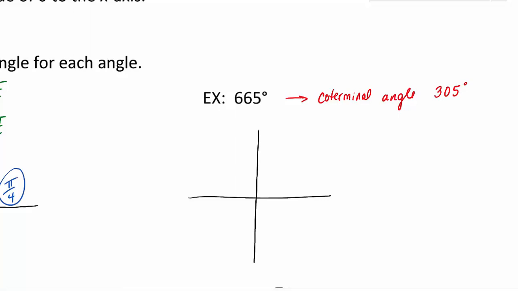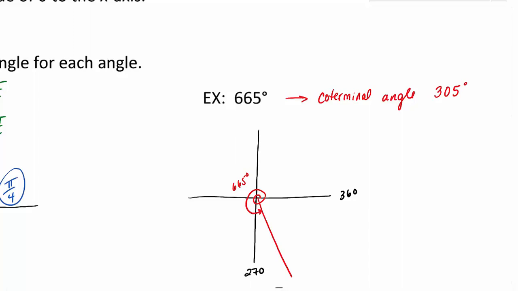So now we want to get that on our unit circle. I know down here at the bottom is 270 degrees, and this is 360 degrees, so we're somewhere in between there. So there's our angle. I guess it really should go around twice, 665.